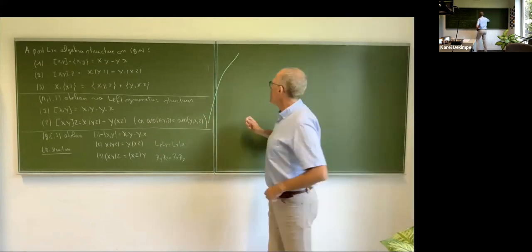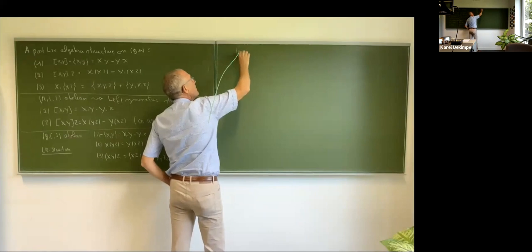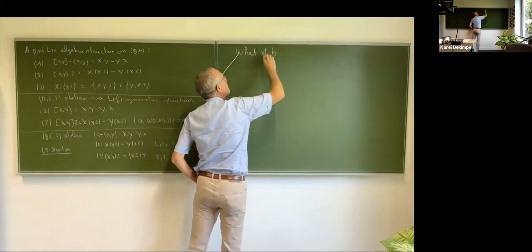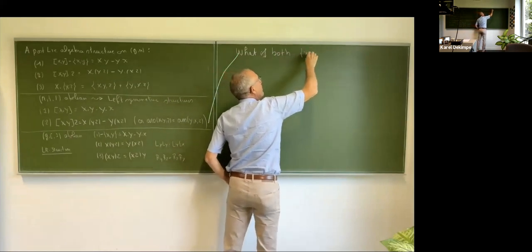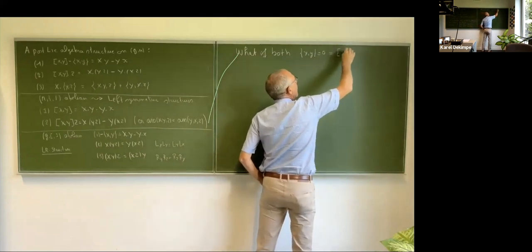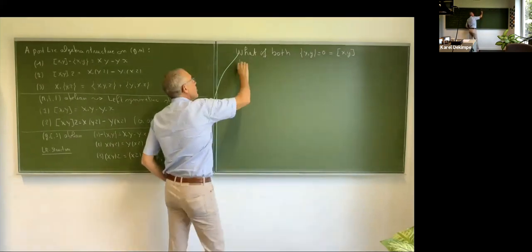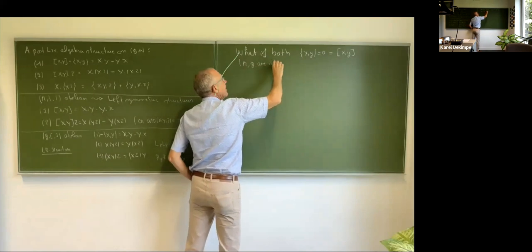So before I continue, just for an easy warm up, what if both N and G are abelian? This bracket is 0 for all x and y, and this bracket is 0 for all x and y.